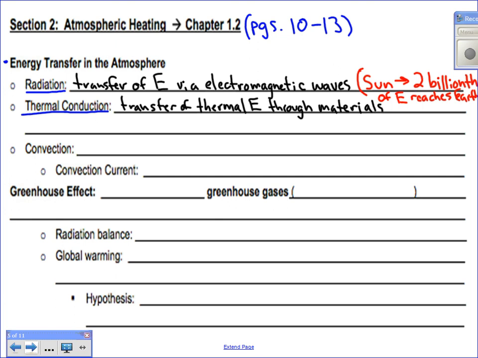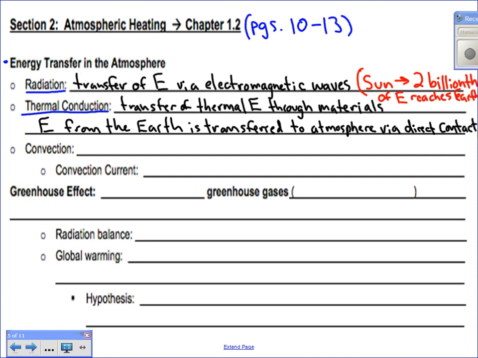Okay, and then energy from the Earth is transferred to the atmosphere via direct contact.